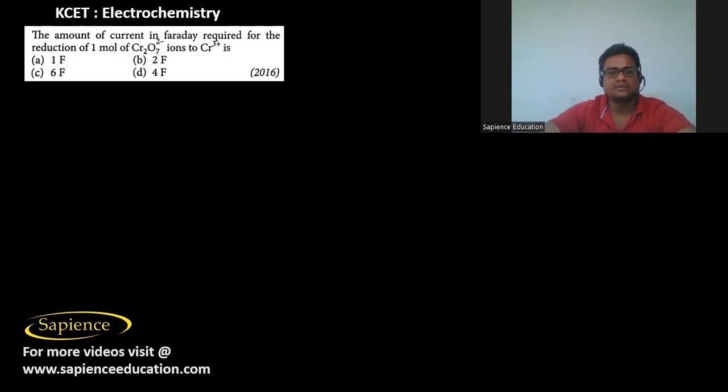Then the amount of current in Faraday required for the reduction of 1 mole of Cr2O7, dichromate ions, to Cr3 plus ions is, so here Cr2O7 2 minus will gain 14 H plus ions plus 6 electrons to form 2 Cr3 plus ions and 7 H2O.